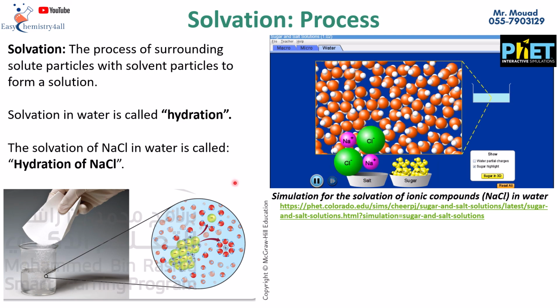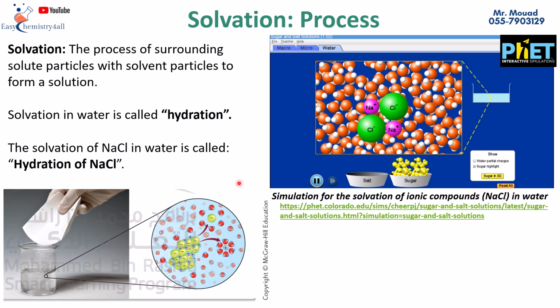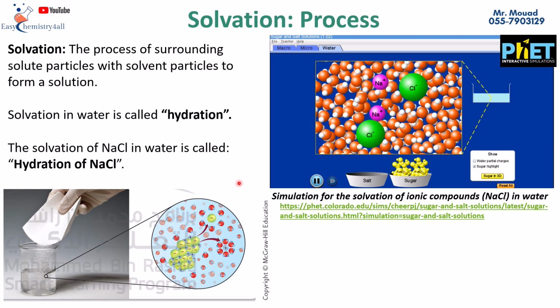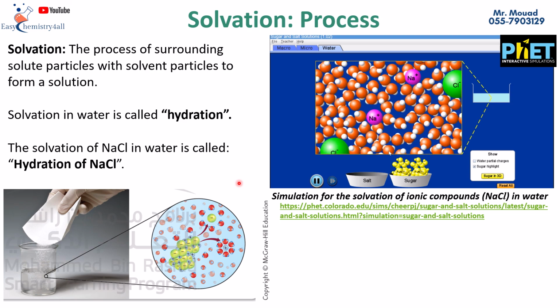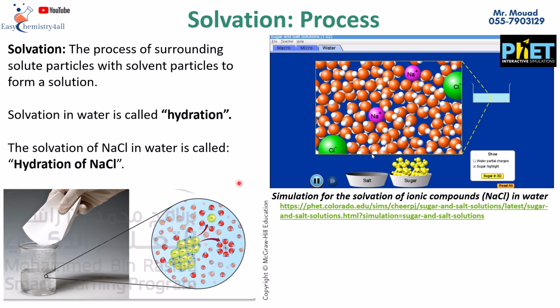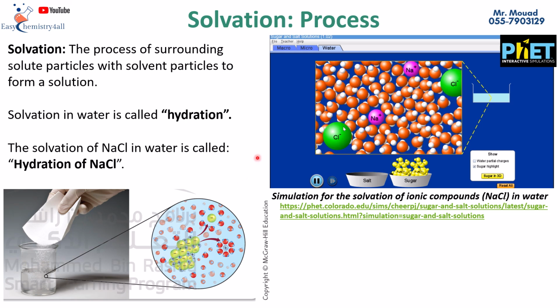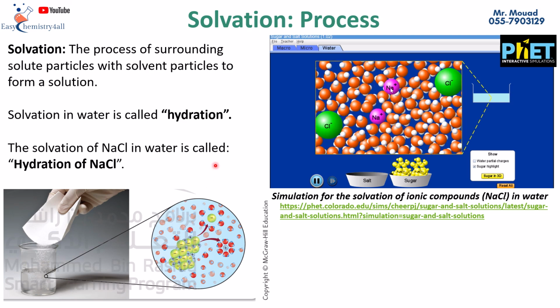So we will put NaCl in water and let's see what will happen. See, the ions will dissociate into the positive sodium and the negative chloride. Water molecules are surrounding both, as seen in this image here.